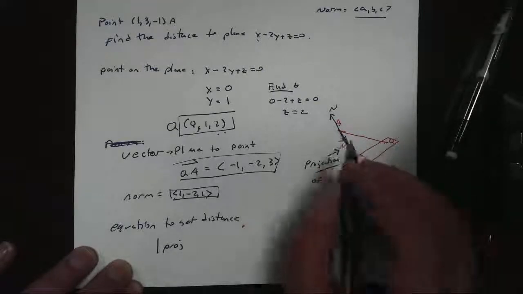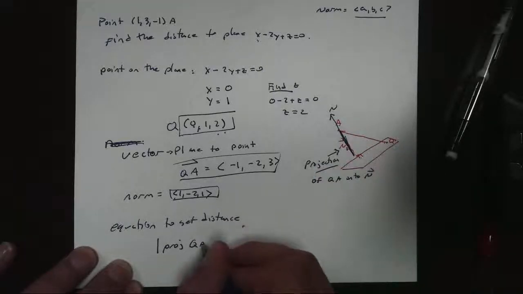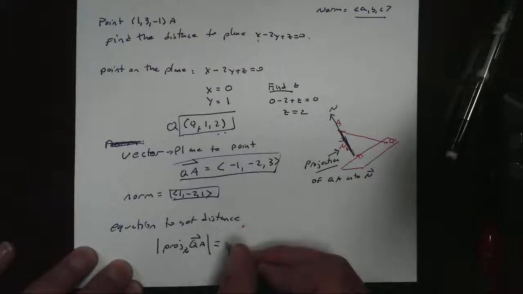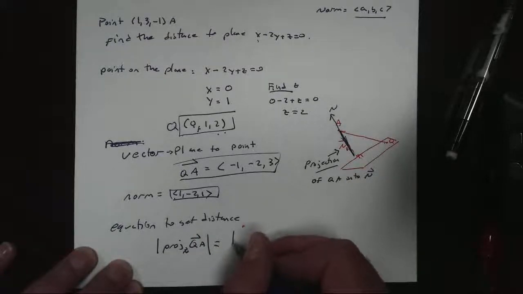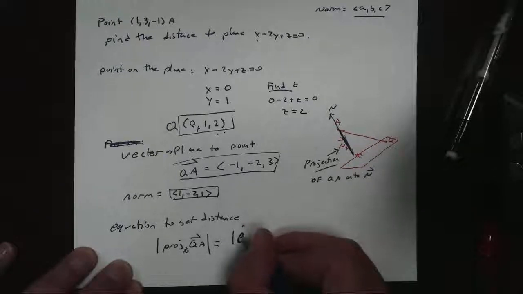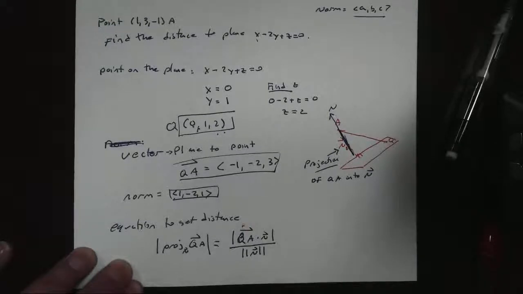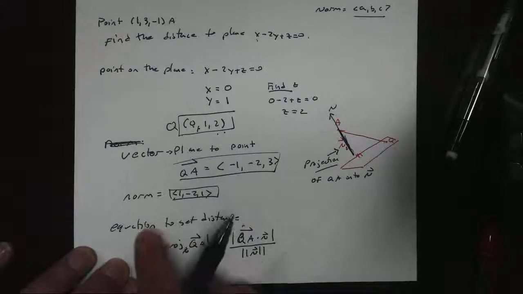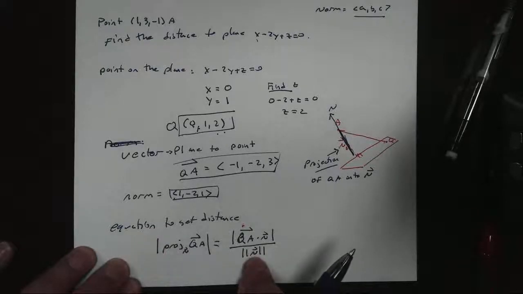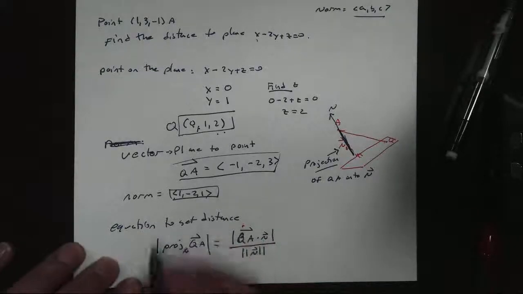Of our point QA on N. And this is going to equal the magnitude of the dot product of QA dotted with N, just like our projection, divided by the magnitude of n squared when we first did projections. You might remember this.